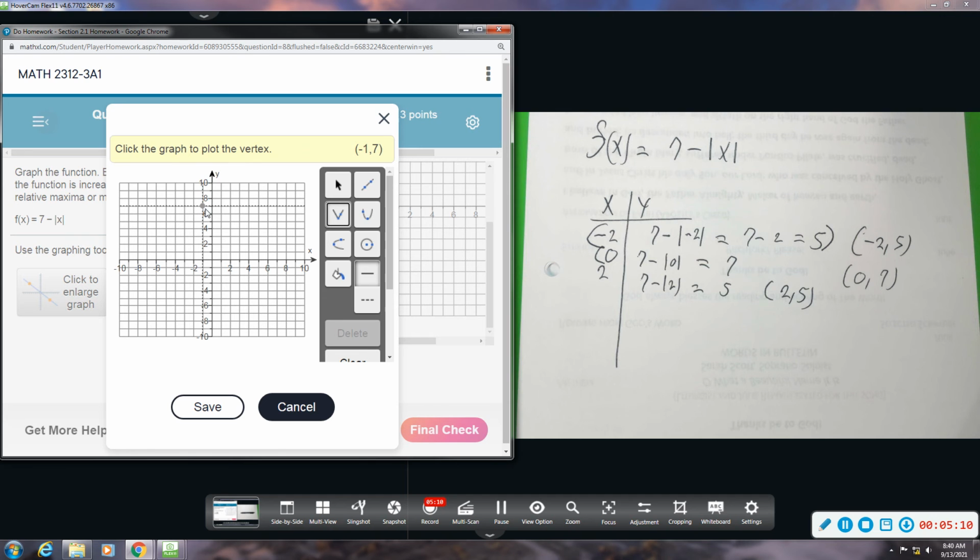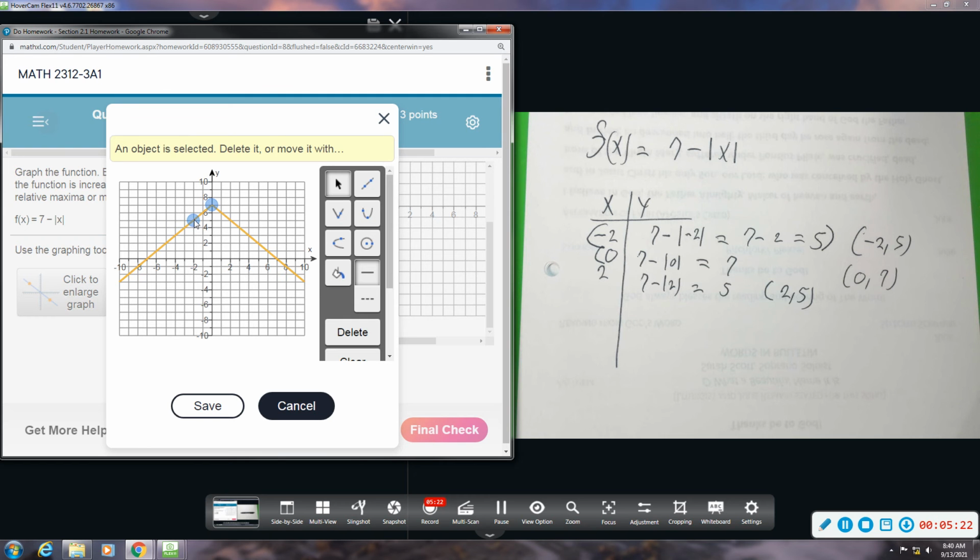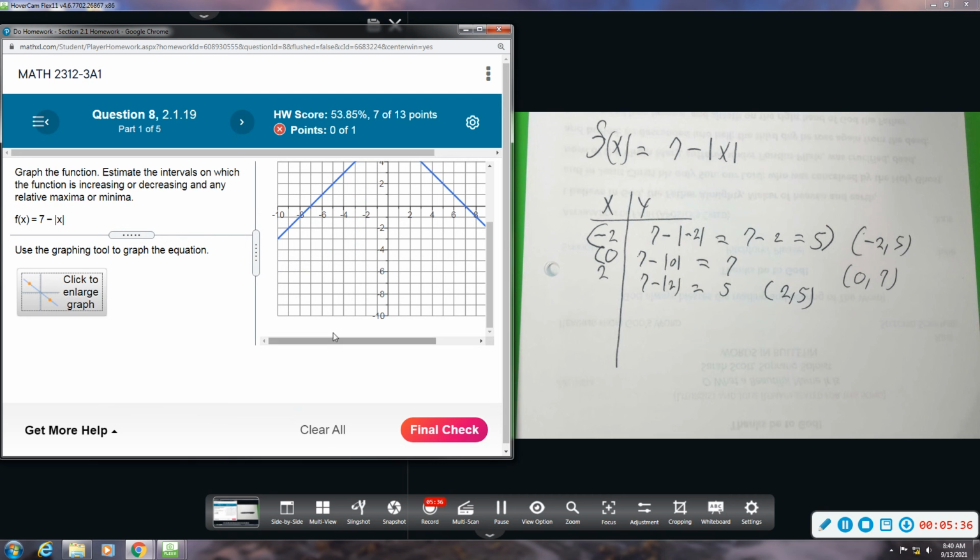So again, let me start with the center, 0, and then let me graph 2, 5. See, my graph has changed directions. Negative 2, 5, and if I was to graph positive 2, 5, yeah. So when you graph these, you can't just start with one of the leftmost points. You want to start with the 0 in the middle, so it gets the vertex correct, and then everything else will follow.